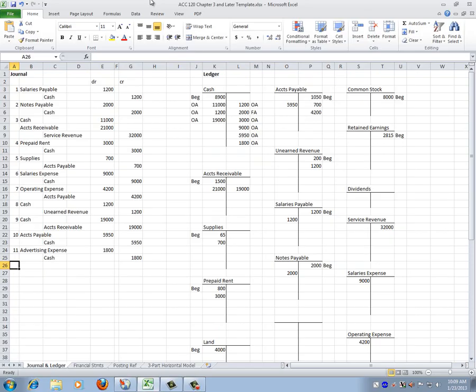And number 12, we declare and pay a cash dividend to shareholders, those are our owner stockholders, of $46.50. The dividends temporary account we record with a left side entry called debit. Dividends, that other event that decreases in substance retained earnings equity as we declare that dividend.